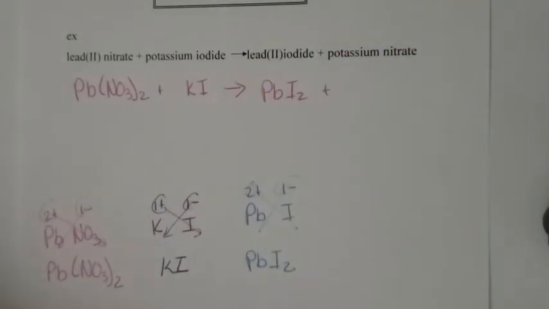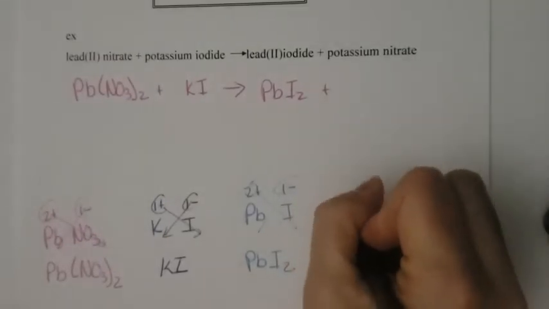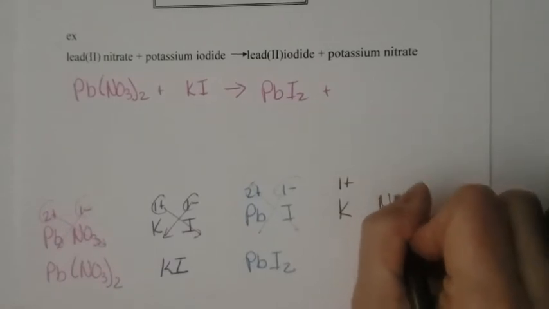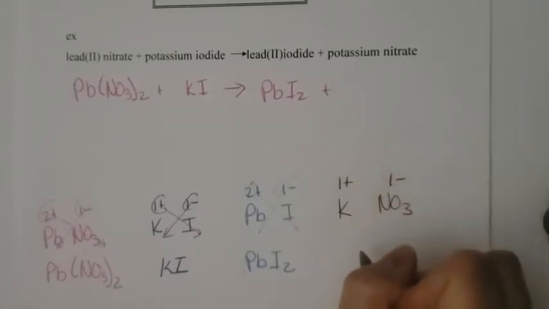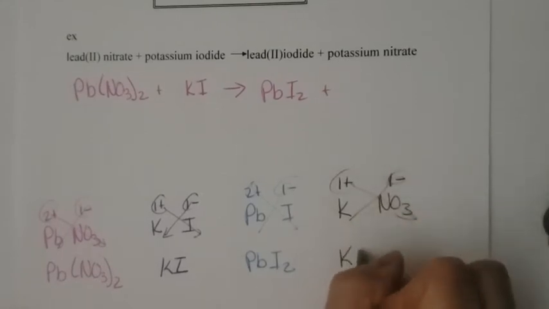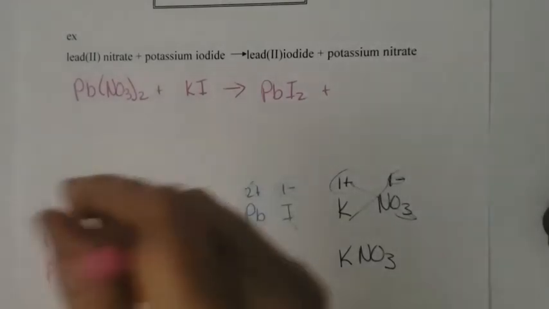Last one. Potassium nitrate. Potassium is K. K has a 1 plus charge. Nitrate is NO3, has a 1 minus charge. I do the crisscross. I end up with KNO3, and I can write that one in.